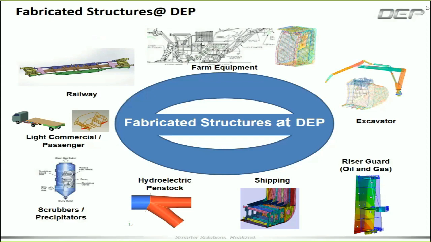And if you look at the hydroelectric industry, you have penstocks where the water is driven from the hydroelectric power plants to the turbines. All those huge pipes can be welded very quickly using advanced weld parameters in Meshworks.